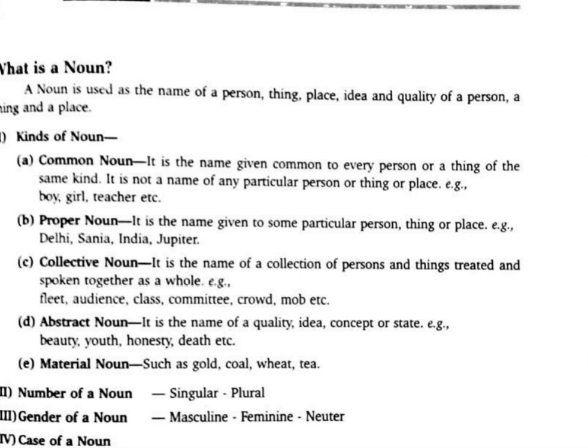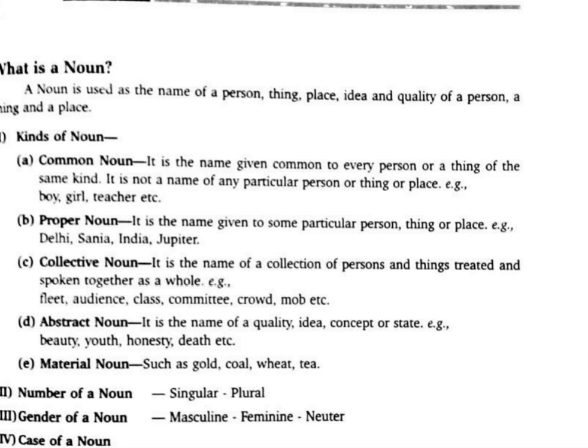Common noun, proper noun, collective noun, and abstract noun, because material noun can be part of common noun. Now let us go a little bit deeper as far as collective nouns are concerned. So what is collective noun? It's a name of a collection of persons. Or what is abstract noun? It's a name of a quality or idea.